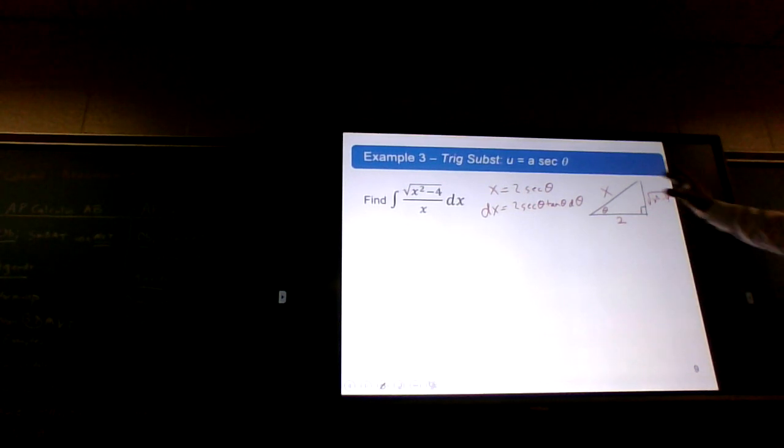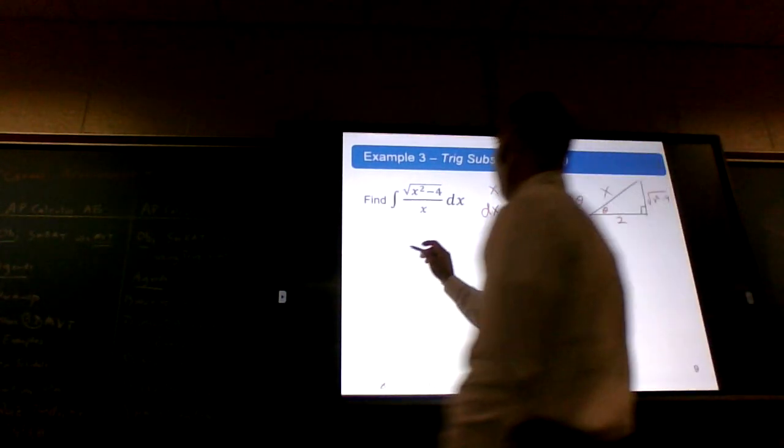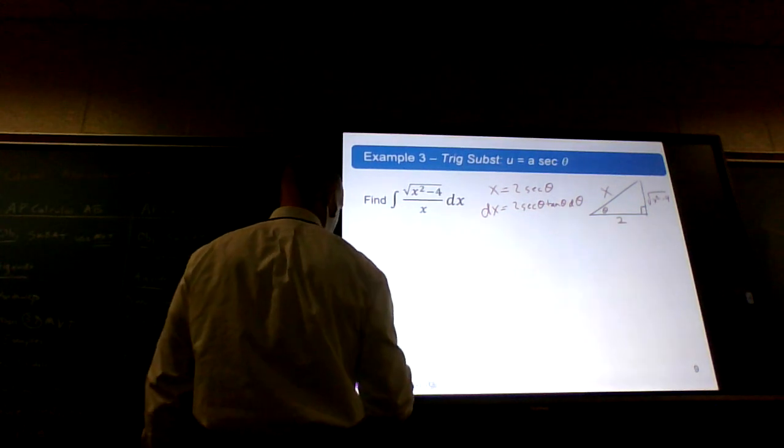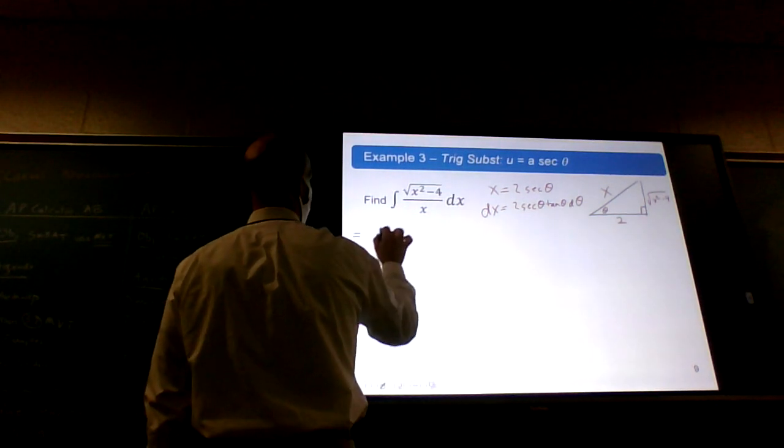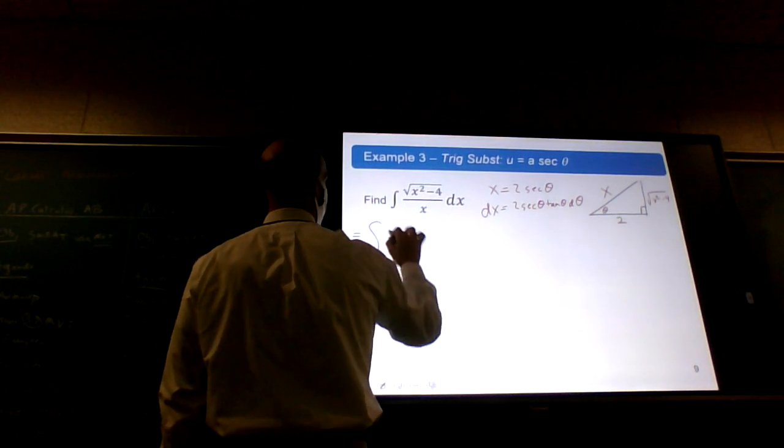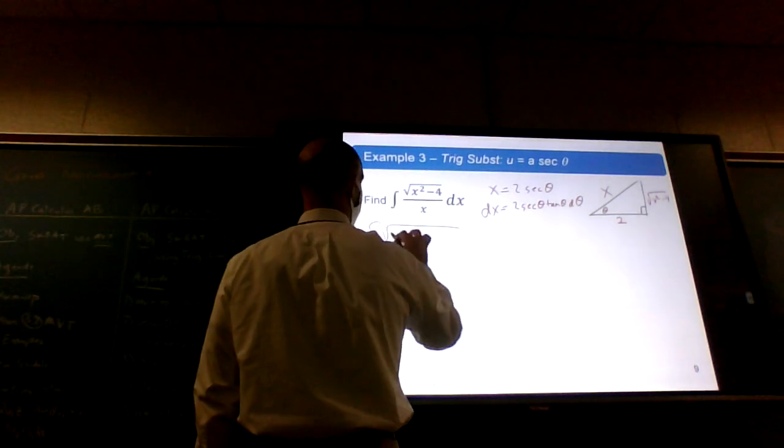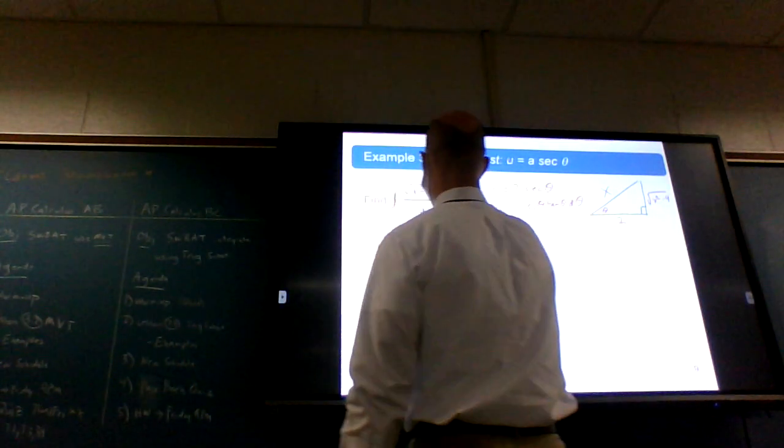Now we're going to start plugging all this stuff into our integral. So let's go to purple now. In this top thing, we're going to do this thing squared.